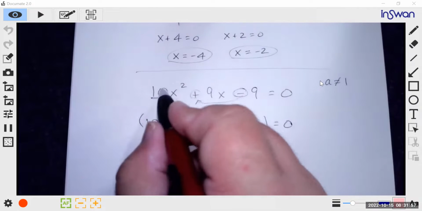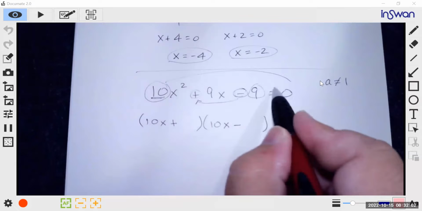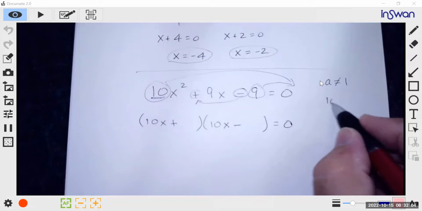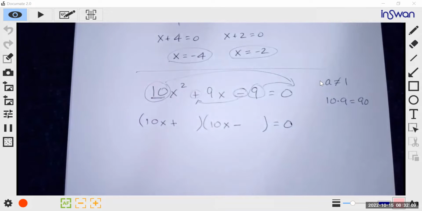Third step, take the first number and the last number. 10 times 9 is 90. Multiply them together.